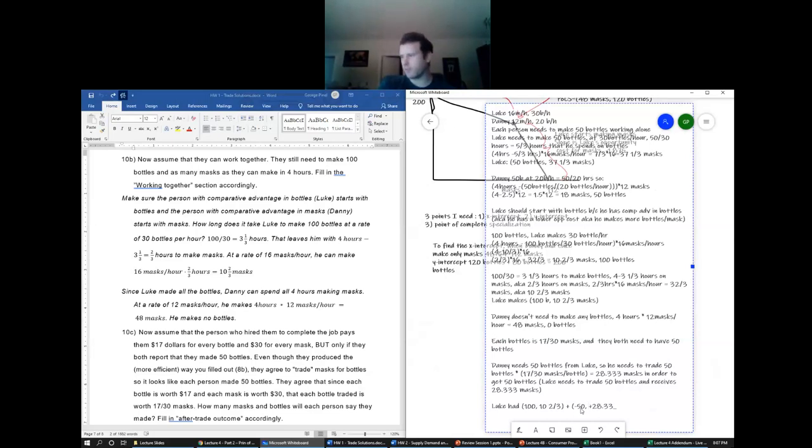I'm taking away 50 bottles and adding 28.33 masks. I guess I should label these for clarity: 100 bottles, 10 2/3 masks, and he's giving away 50 bottles for 28.33 masks. So he's going to wind up with 50 bottles and 39 masks.